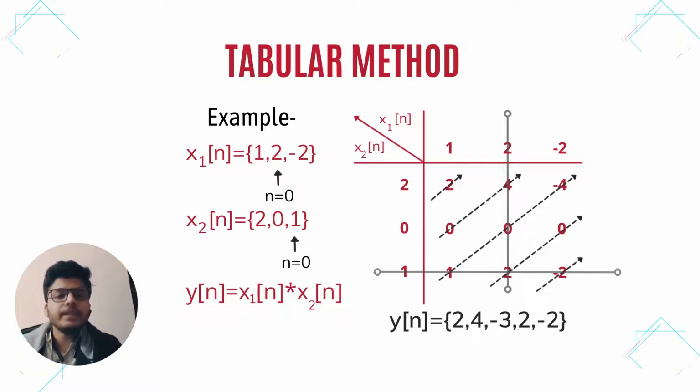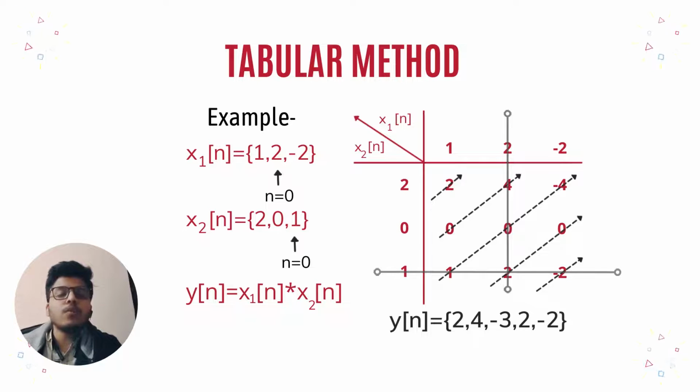Now we will find the discrete time signal y[n] after performing convolution of the two signals x1[n] and x2[n]. As you can see, I have written down the values of x1[n] horizontally and the values of x2[n] vertically.